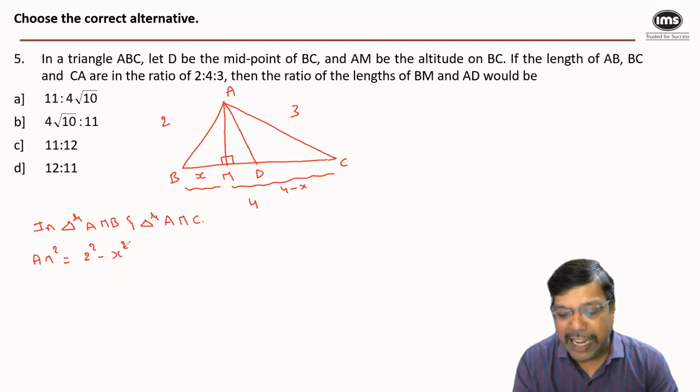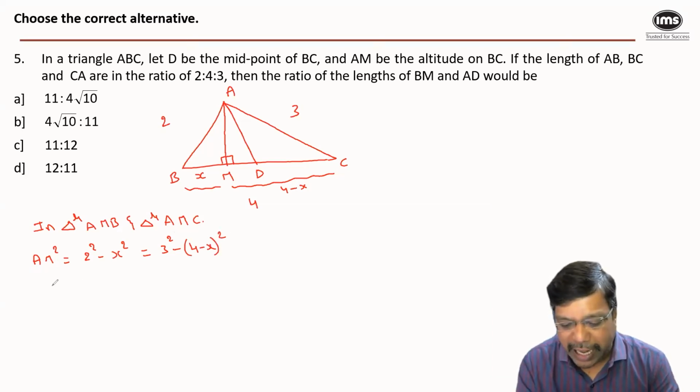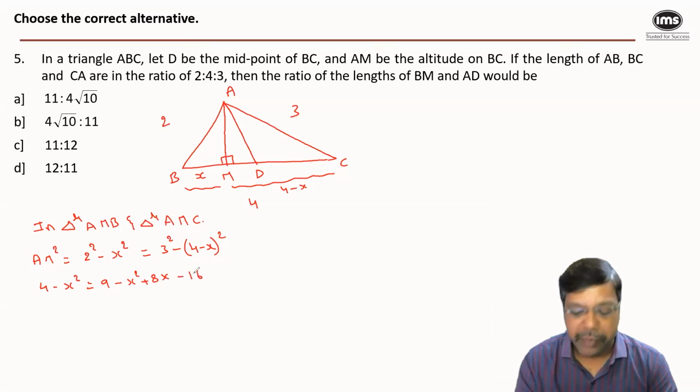And in triangle AMC, AM square is equal to the hypotenuse AC square, that is 3 square, minus (4 minus x) whole square. So from here, I get 4 minus x square is equal to 9 minus x square plus 8x minus 16. Now minus x square gets cancelled out.